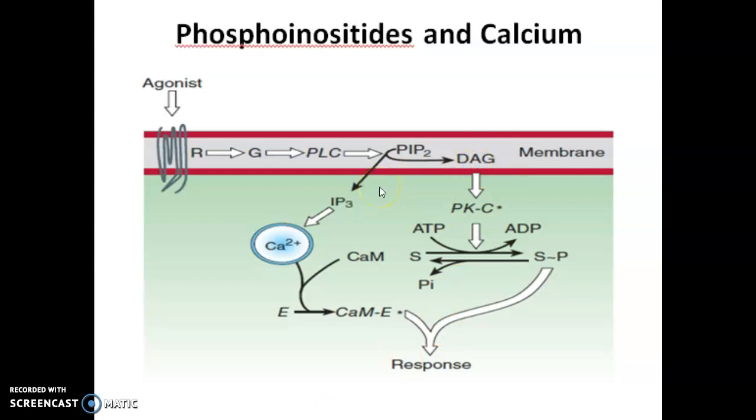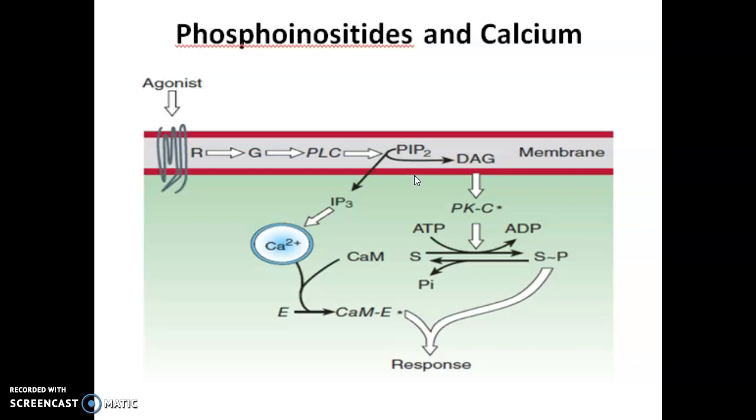inositol 1,4,5 triphosphate. Diacylglycerol is confined to the membrane where it activates a phospholipid and calcium-sensitive protein kinase called protein kinase C. IP3 is water-soluble and diffuses through the cytoplasm to trigger release of calcium by binding to ligand-gated calcium channels in the limiting membranes of internal storage vesicles.